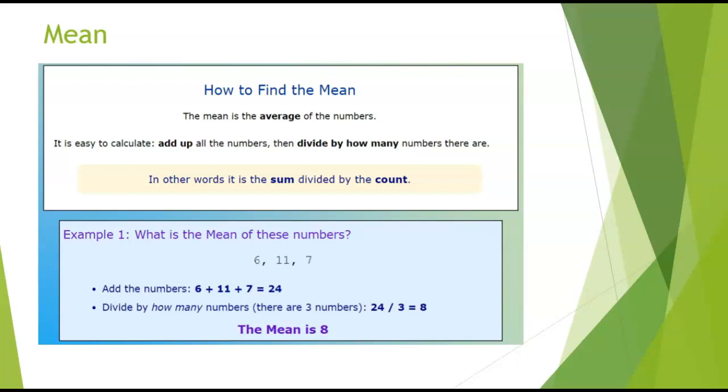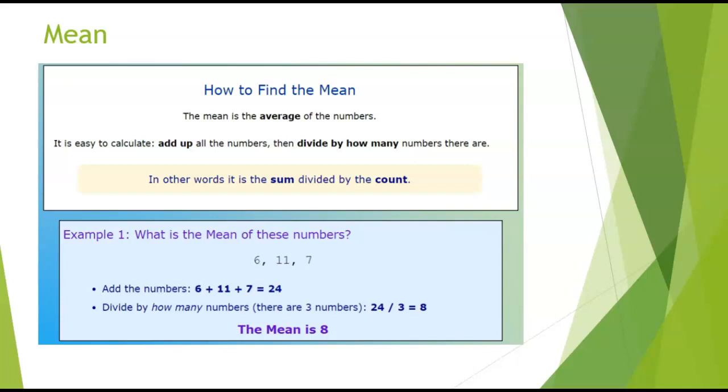So if you look at this set of numbers down here, 7, 11, and 6, you'll see that there are three numbers. When you add them together, 6 plus 11 plus 7, you get 24. So there's their sum. That's the sum part of it.